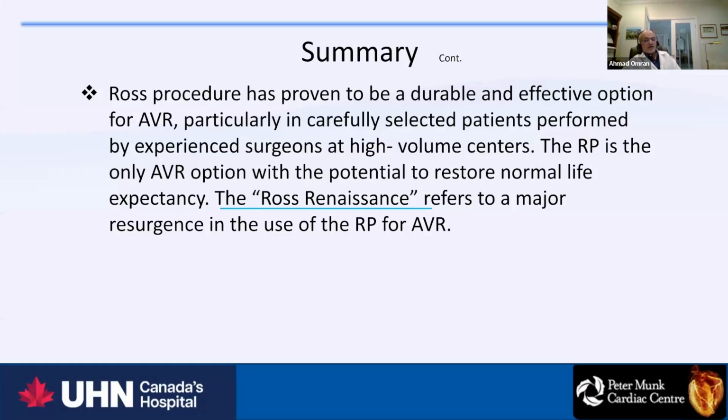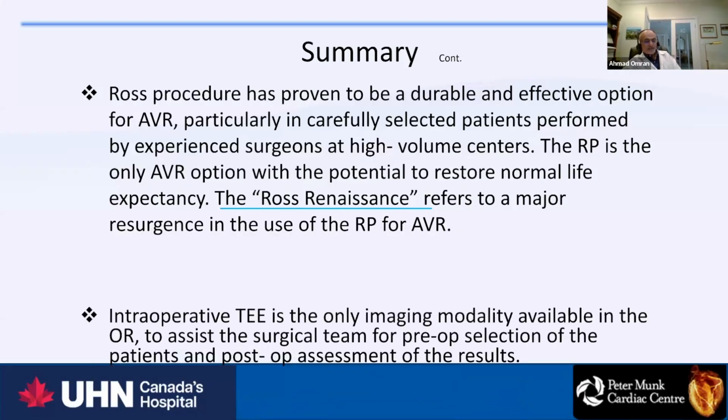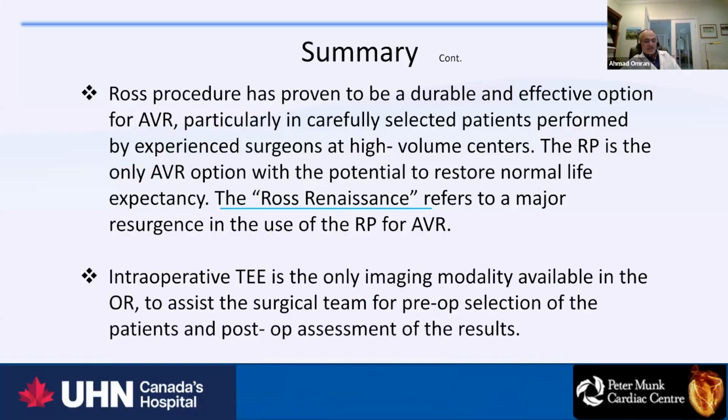Many centers are doing 1 or 2 Ross per year, and they have a very high failure rate. The intraop TEE is the only imaging modality available in the OR to assist the surgical team for pre-op selection of the patient and post-op assessment of the result.